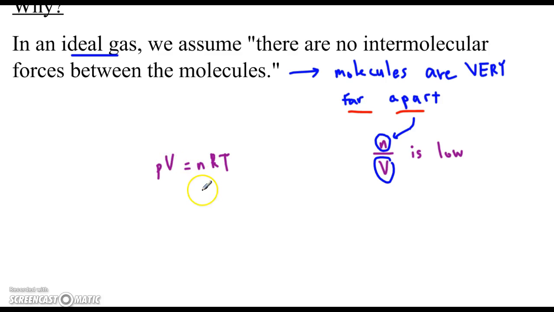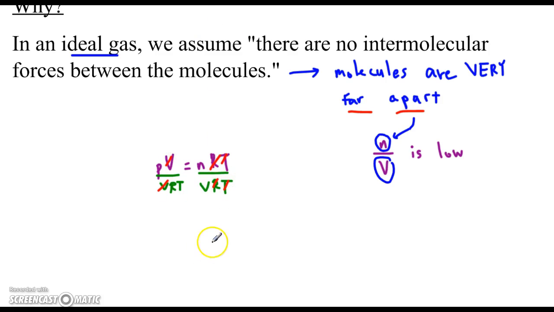Let's look again at this equation. If we divide both sides by V, then now we'll have n over V. I also want to divide both sides by R times T to get the R and T to go away. So the R and T cancel, the V cancels on the left side.